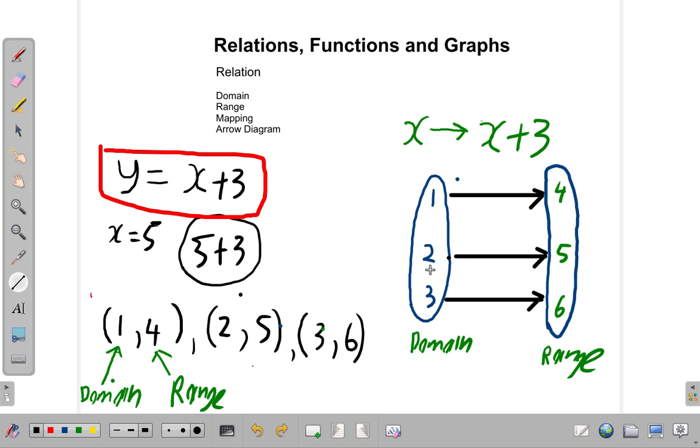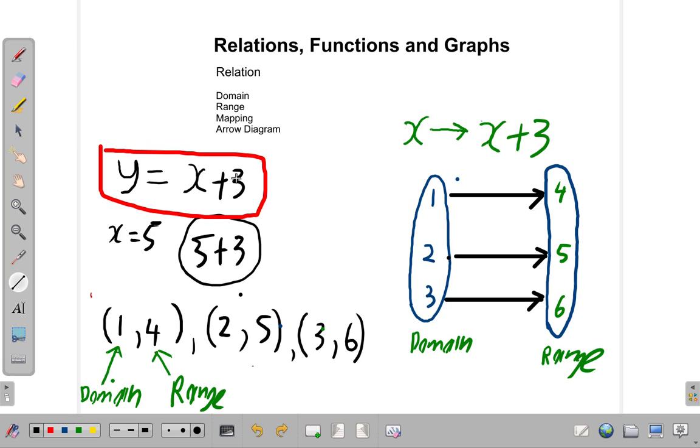So there we have it. We have our arrow diagrams here, and this x arrow x plus 3 is one way to write down a mapping relation. All right?